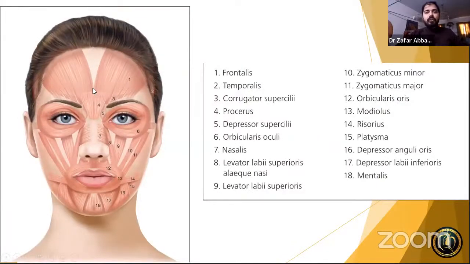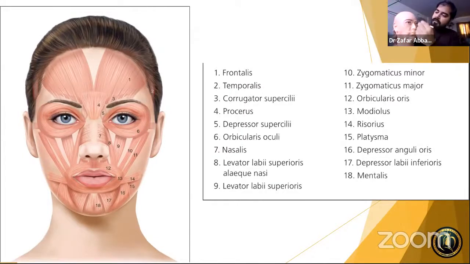These are the muscles we should know in our presentation when we are doing Botox, especially. Okay, this is a posterior muscle. When you are giving Botox, we go almost 90 degrees. We hit the bone. How do we identify we are at the right plane?